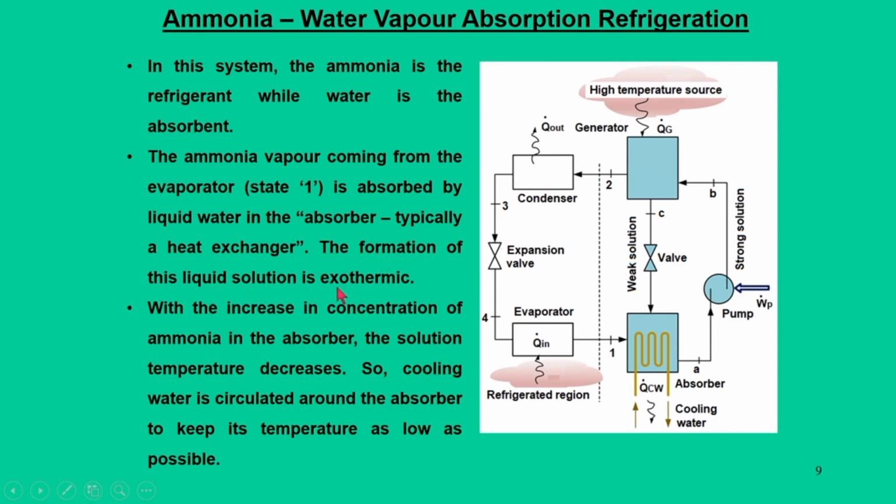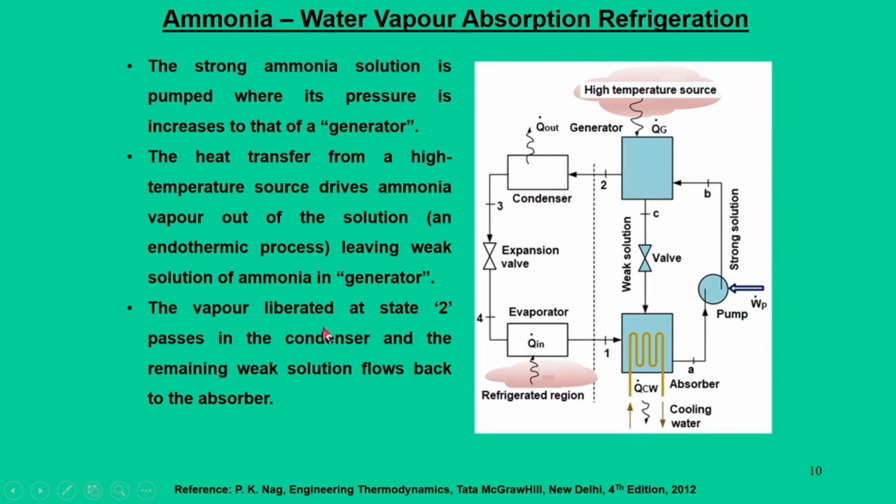This thermodynamic process is exothermic, meaning a lot of heat is released. So, we require cooling water to take out the heat, and when you maintain that continuously, the absorber temperature remains constant, and the strong solution is now pumped to the generator.